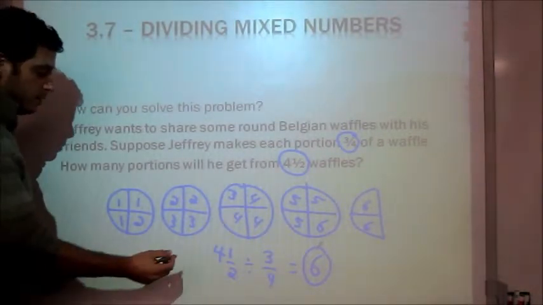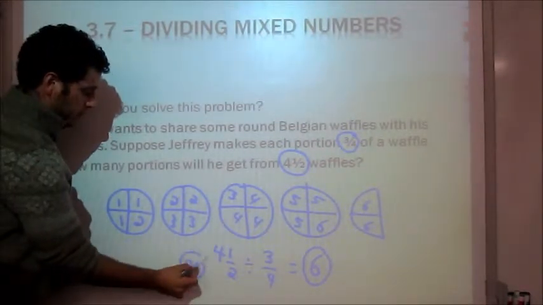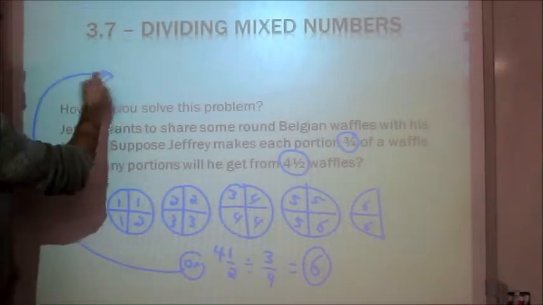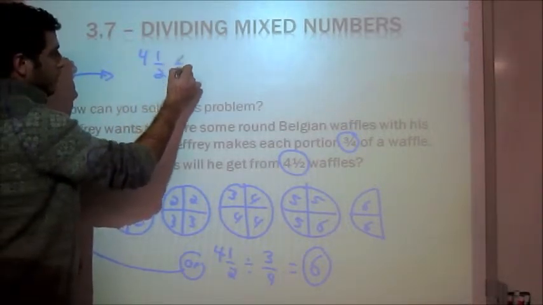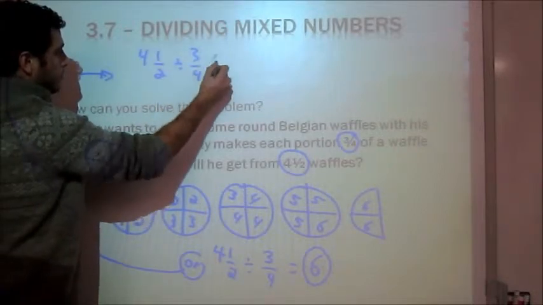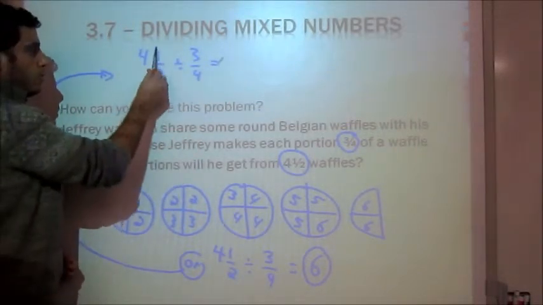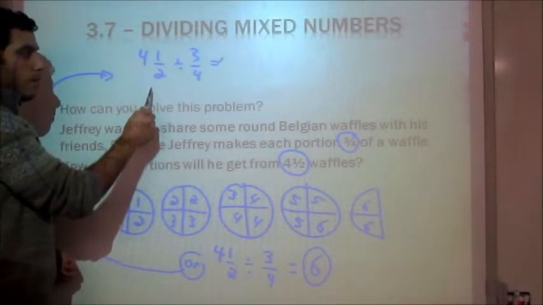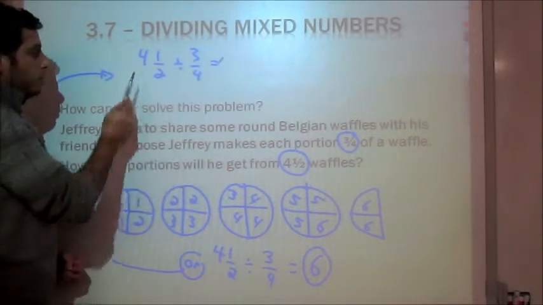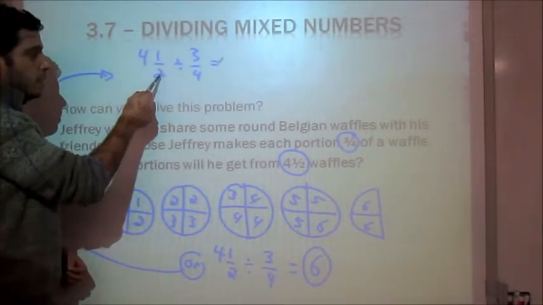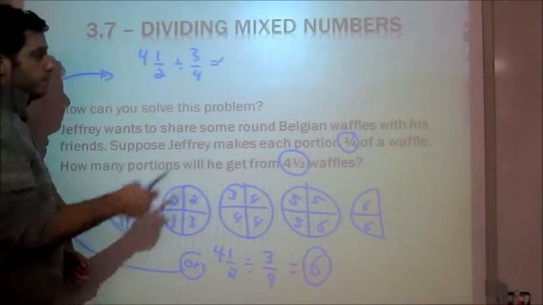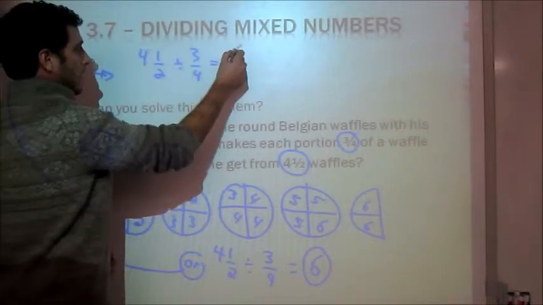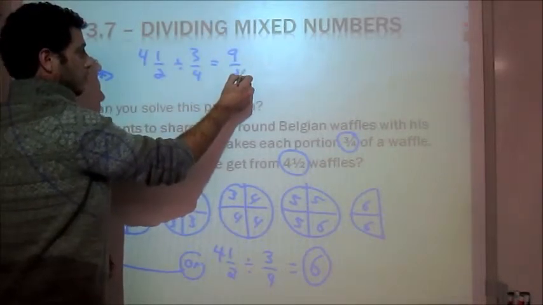And we could have also solved this problem using this method. So we have 4.5 divided by 3/4. We would want to convert this mixed number into an improper fraction. And if you recall, you do that by multiplying the whole number by the denominator and then adding the numerator of the fraction. So that would be 9/2.